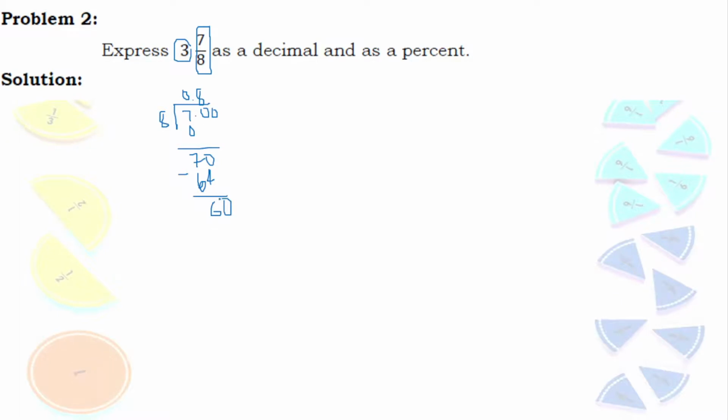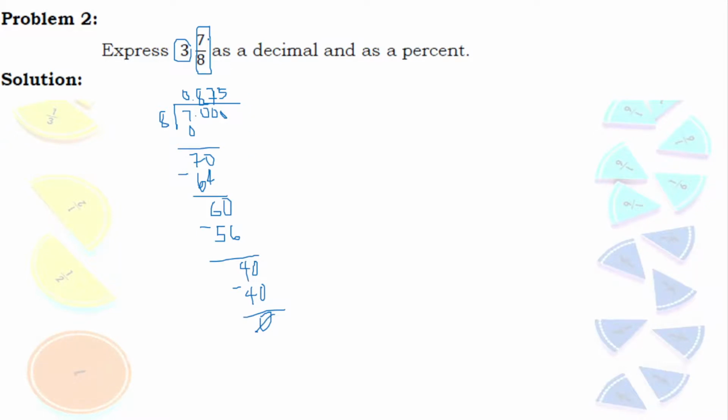So 60 divided by 8 is 7. 8 times 7 is 56. And then 60 minus 56 will get 4. And then 0 again, until the remainder is used up. So we'll get 5. So 5 times 8 is 40. And then, subtract and we'll get 0.